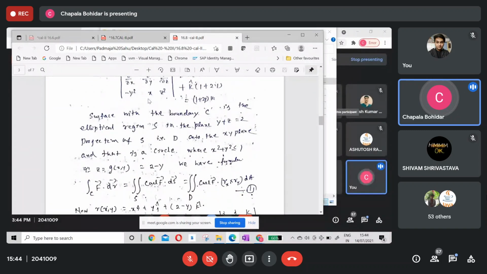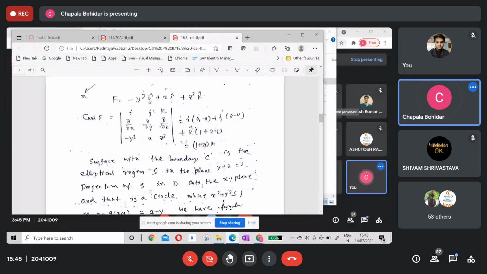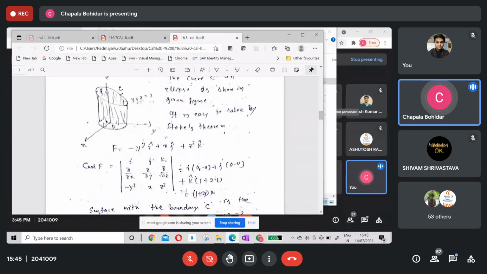The projection of S, that is D, onto the xy plane is a circle where x squared plus y squared is less than or equal to 1, having its center at the origin and radius 1.